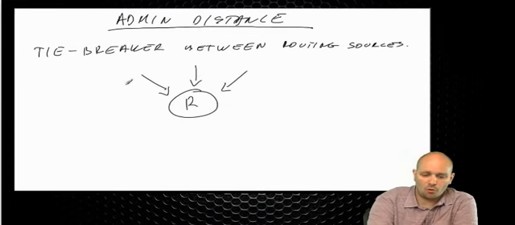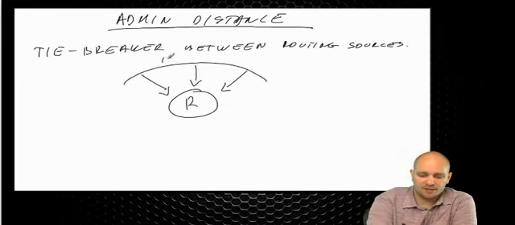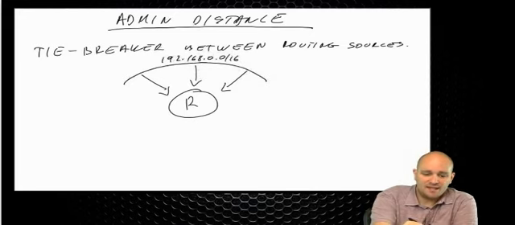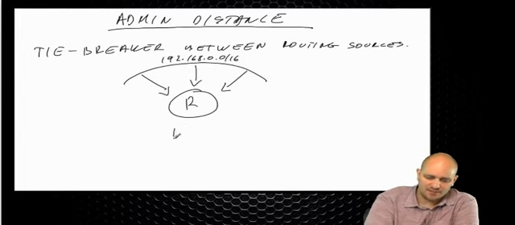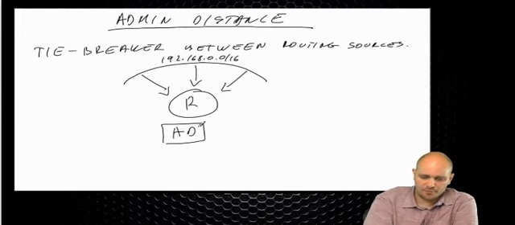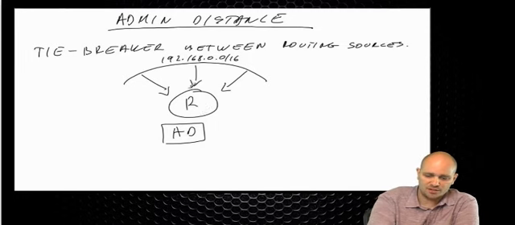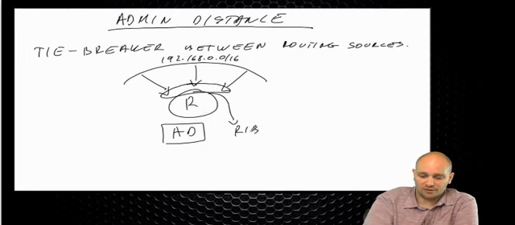And let's say that from all of these sources, we are learning the same route, let's say 192.168.0.0/16. This router somehow needs to figure out which one of these sources is more preferred than the others. So this is where the admin distance is going to be the tiebreaker before this router can actually install the route from one of these sources into the routing table.